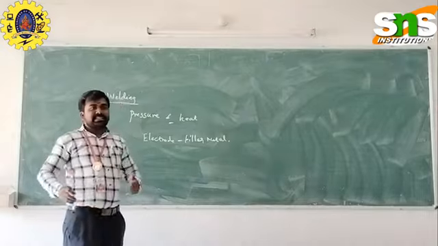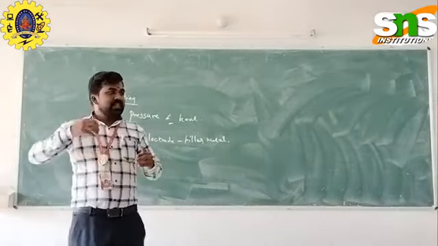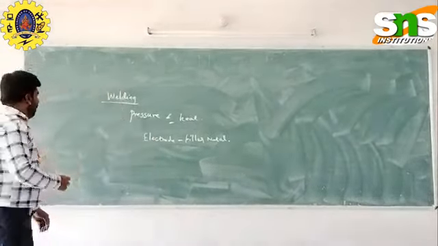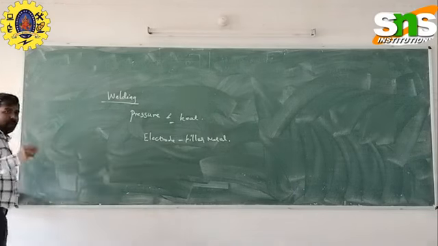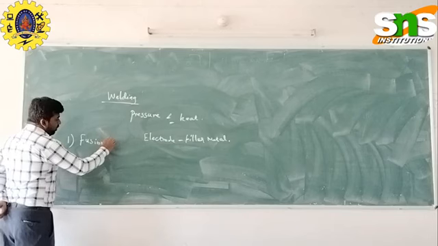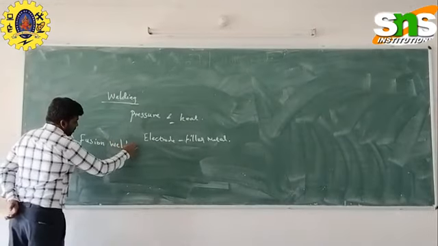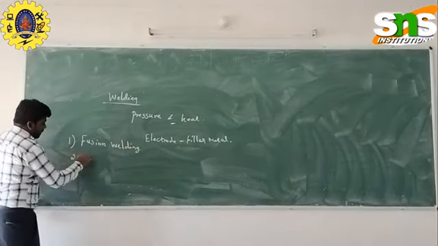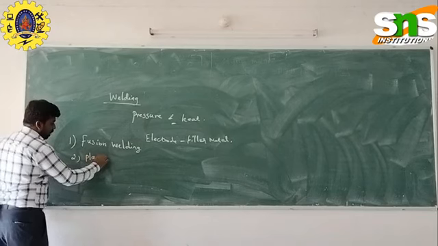So based on the state of the welding and the state of the melting, the welding process is classified into basically two types. The first one is fusion type welding. The second one is plastic welding.